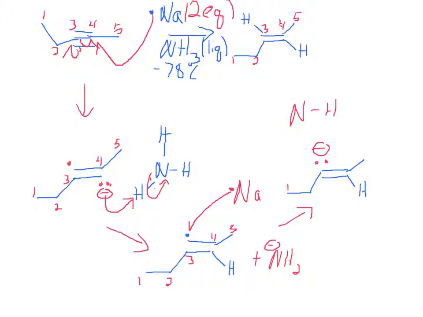Again, our negatively charged carbon is in an sp2 orbital, so it's very reactive. It's going to take another H, and that gets us to our product, the trans alkene.